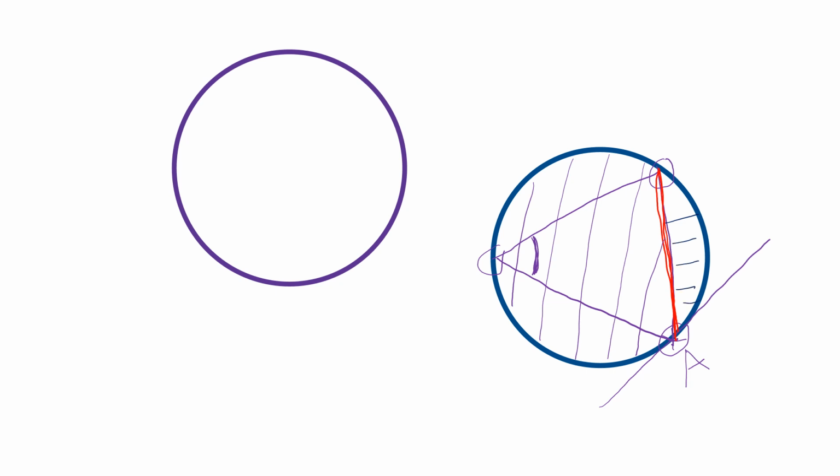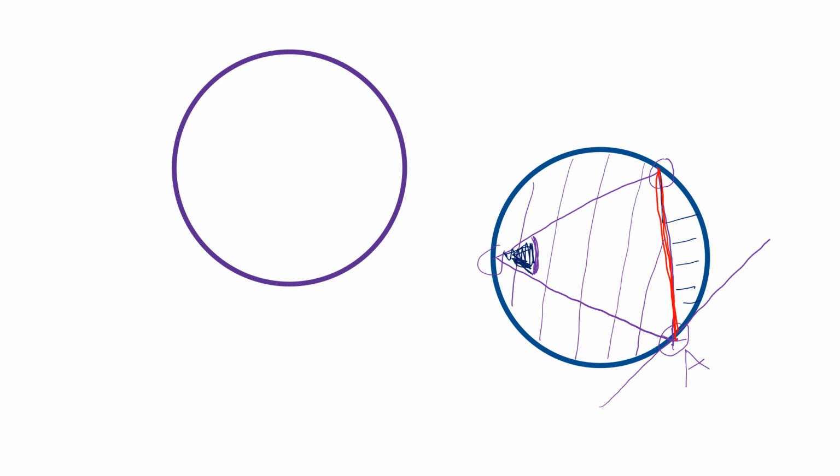You can see that this chord that I've colored in red actually separates the circle into two segments. So alternate segment means that the angle that's equal to this one highlighted in blue must be in the alternate segment.